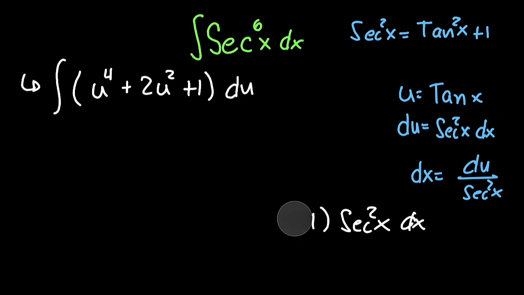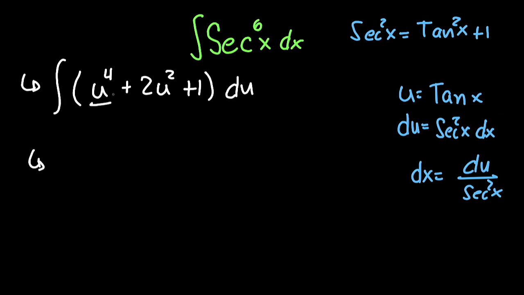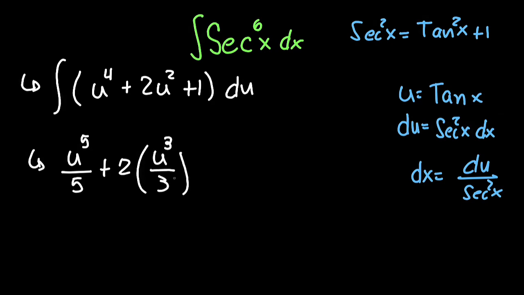Now that you have that, you can simply integrate the parts one by one using the power rule. The integral of u to the power of 4 is u to the power of 5 over 5, plus 2 multiplied by the integral of u squared, which is u to the power of 3 over 3, and the integral of 1 du is equal to u, and add the constant of integration.